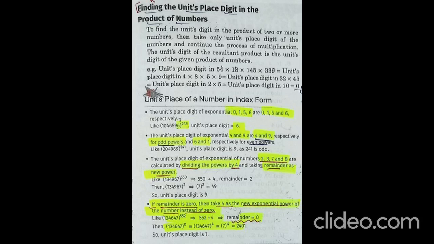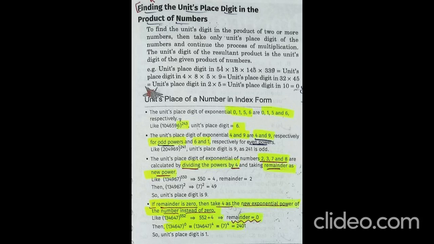You multiply just the unit places, as I said. The unit place of 54 is 4, of 18 is 8, of 145 is 5 and of 139 is 9. So if you multiply all these, you will get 0 in the last. So from the unit place you can speedily calculate the answer. So this is useful for the exam.